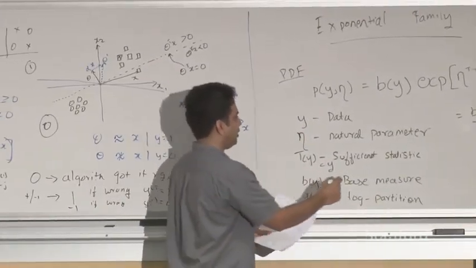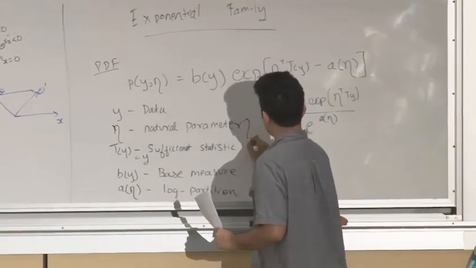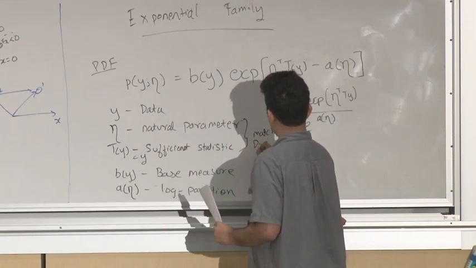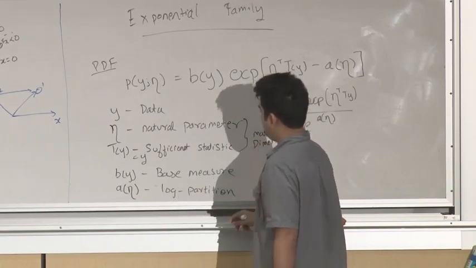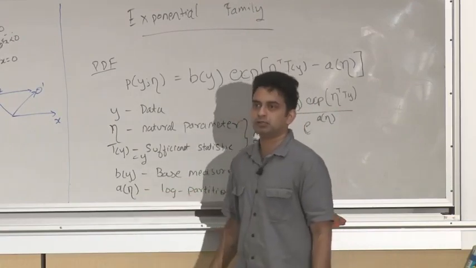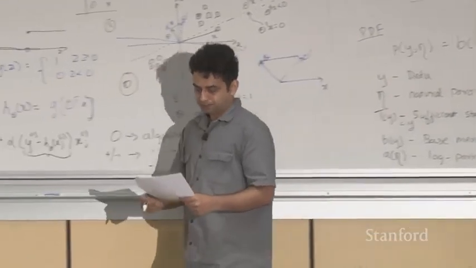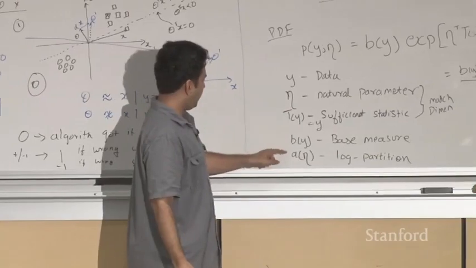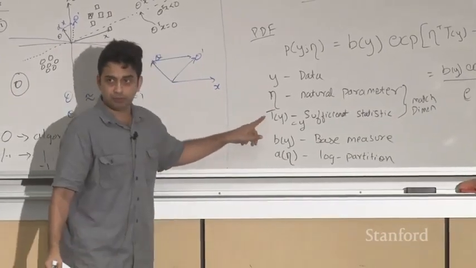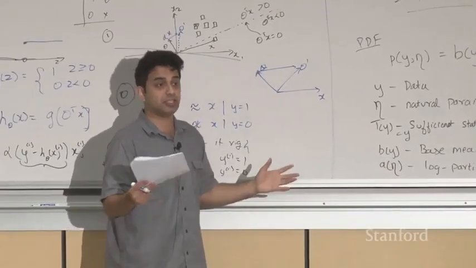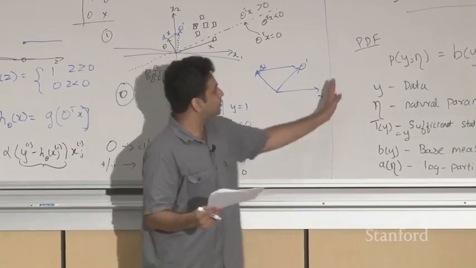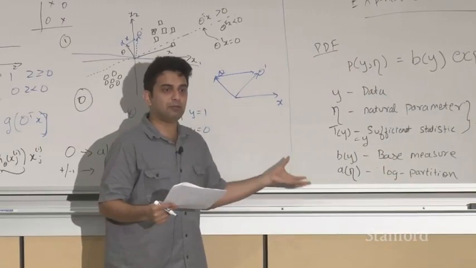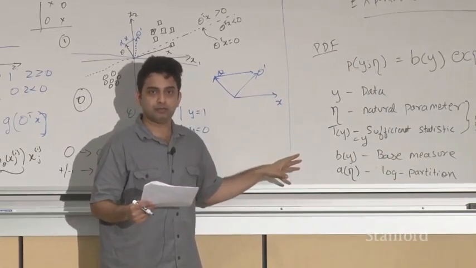T of Y has to match, so the dimension of these two has to match. And these are scalars. For any choice of A, B, and T, as long as the expression integrates to 1, you have a family in the exponential family.